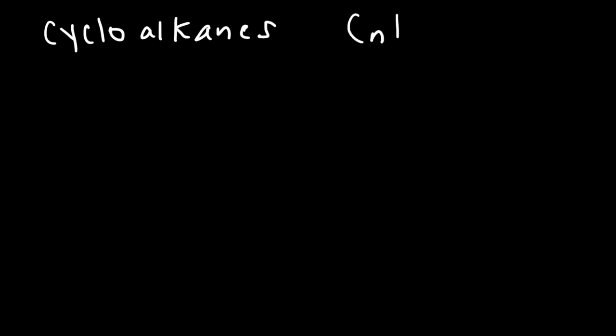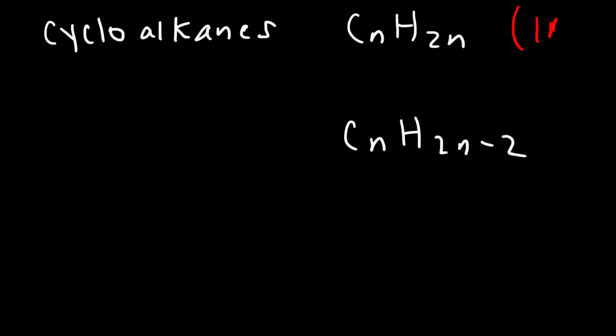It turns out that cycloalkanes also have the same formula, CnH2n, if they have one ring. If they have 2 rings, then it's CnH2n minus 2. So just keep that in mind. This is for one ring, and this is if they have 2 rings.